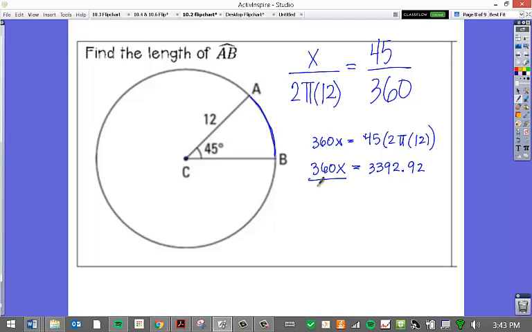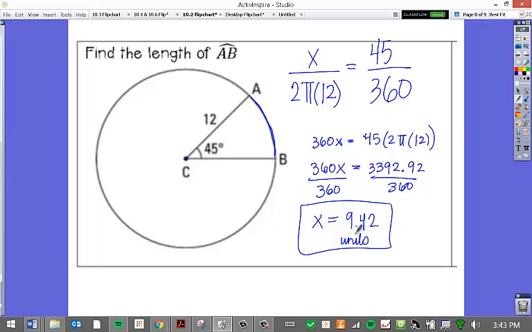And so then to solve for x, I'm going to divide by 360 and get my arc length to be 9.42. That's how long that arc length is, 9.42 units. So if it had been inches or feet, this arc length would have been in inches or feet.